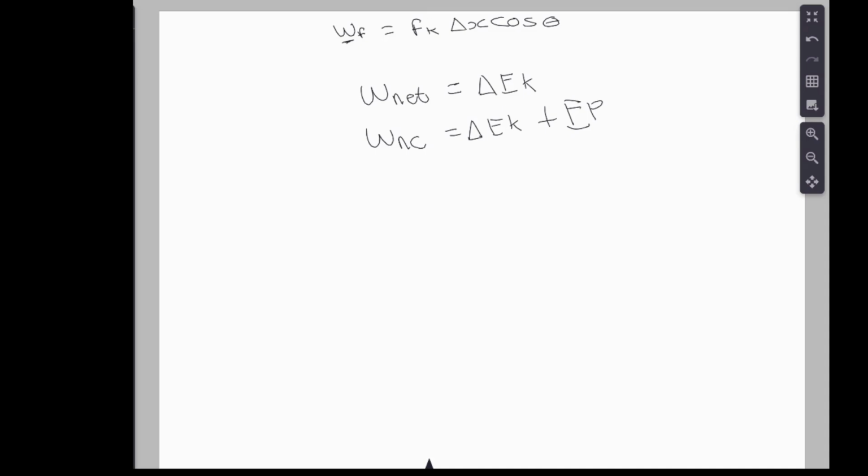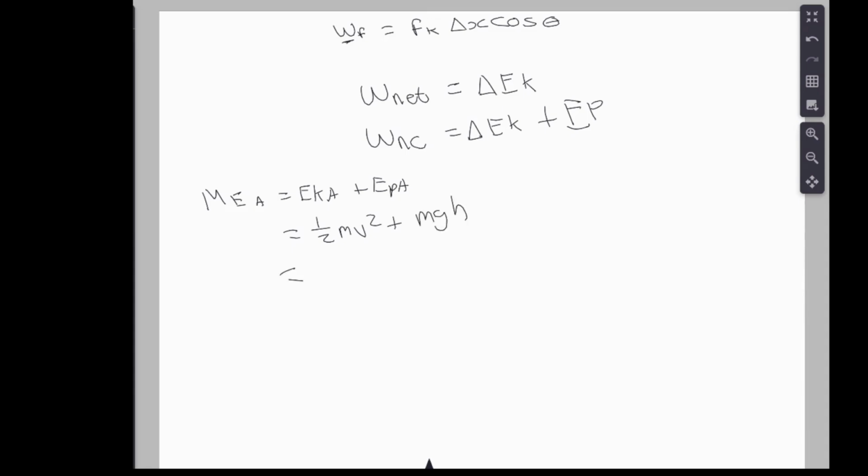So the mechanical energy at A is EK at A plus EP at A. We have half mass times velocity squared plus mgh.